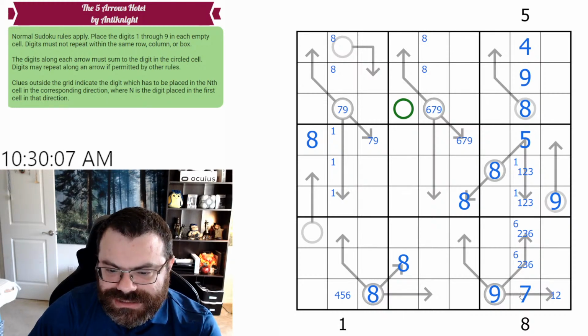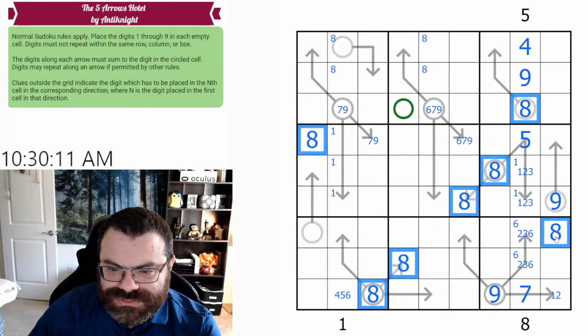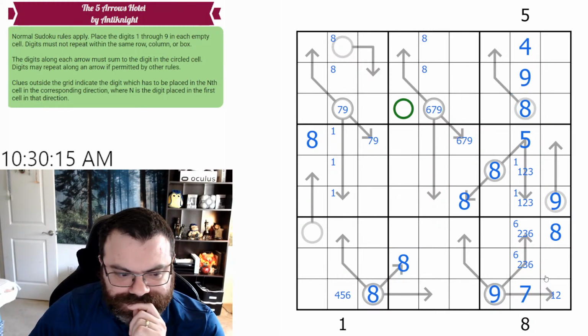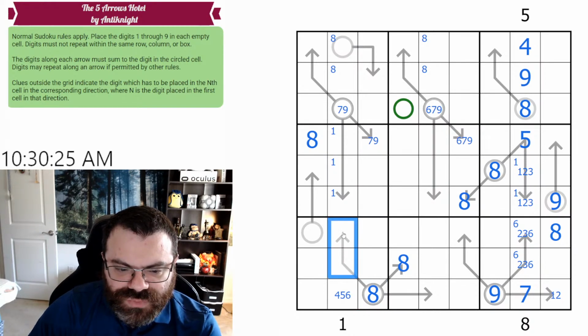8 in box 9 now is placed. And we're just down to that X-wing. Okay, so now this is 8, and we can't put a 1 on here. This can't have a 7. This could never have had a 7.